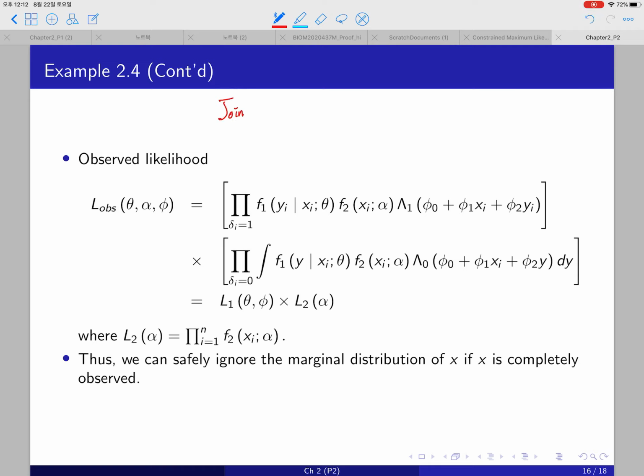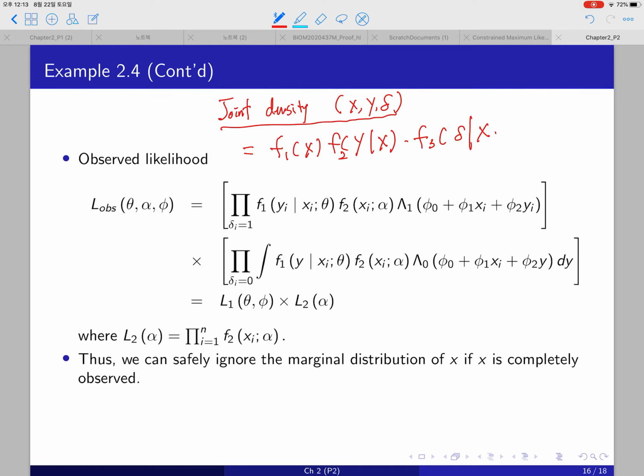The way we construct the observed likelihood is first to consider the joint density of all the observations. So that is x, y, and delta. The joint density of x, y, and delta is the marginal density of x, and then the conditional density of y given x, and then the conditional density of delta given x and y.